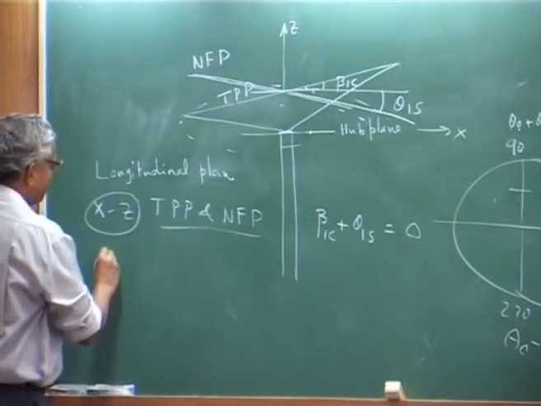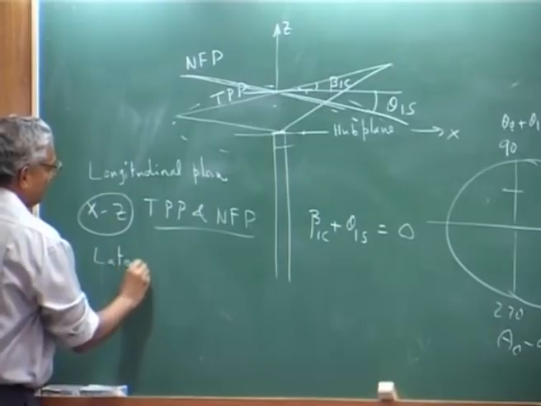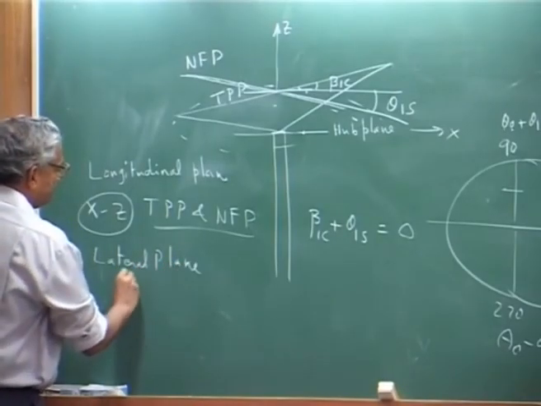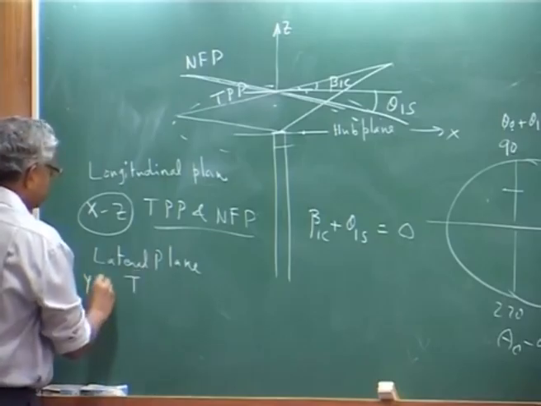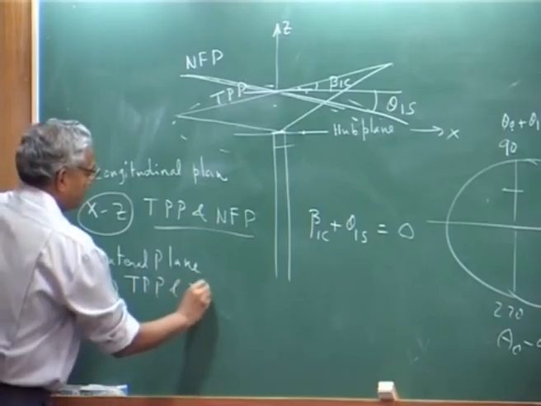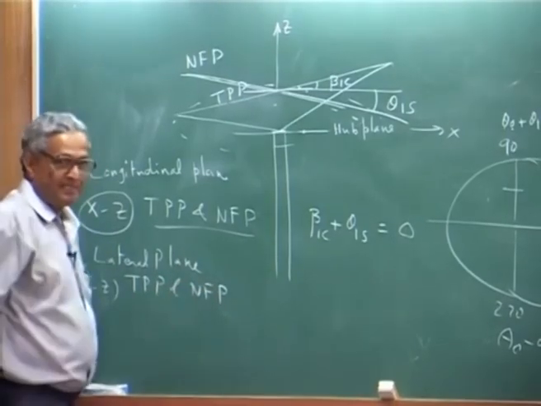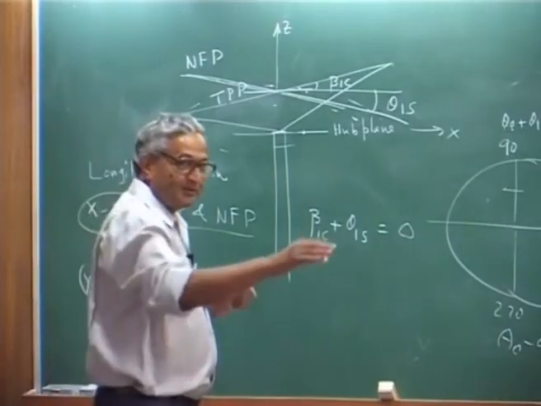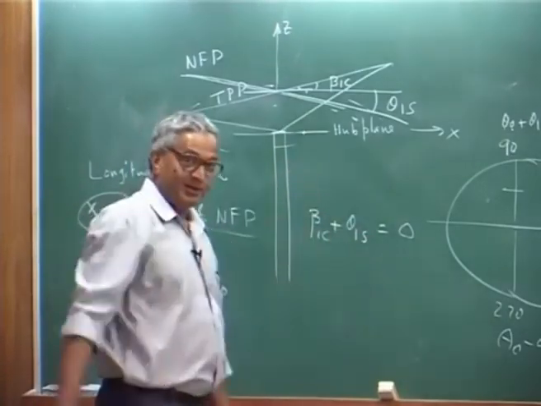And in the lateral plane, that is the YZ plane, you will have TPP and NFP. This will be beta 1s, because you are giving beta 1s.